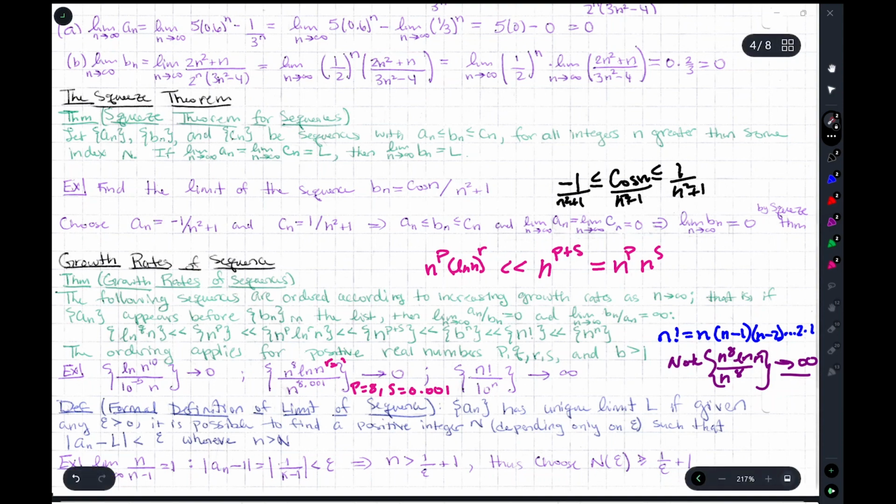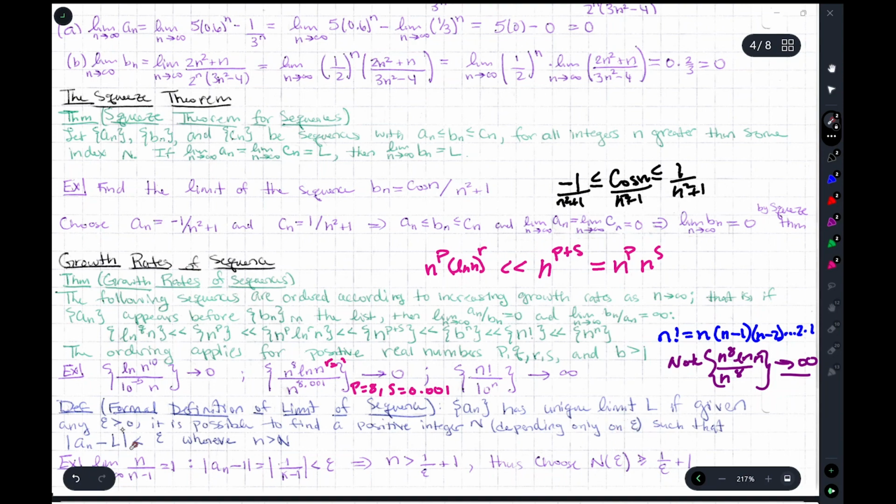Let's look at the formal definition of limit of sequences. Here we're gonna bust out our epsilon knowledge, and so this is a formal way to prove that a limit exists. If we have this sequence, it has unique limit L. What does that mean?